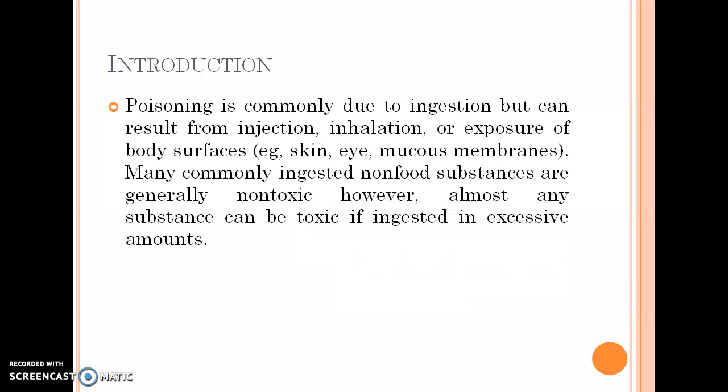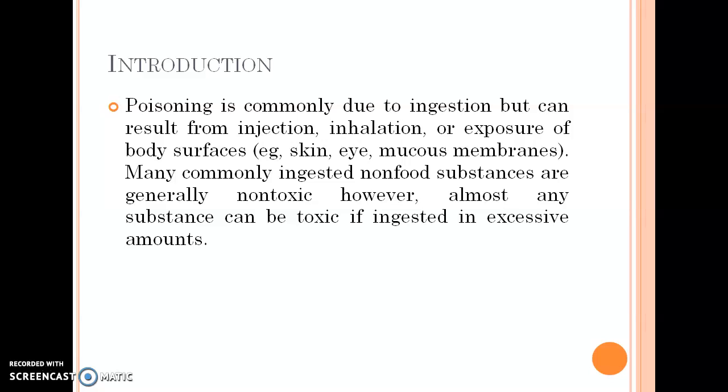Poisoning is commonly due to ingestion, but can result from injection, inhalation, or exposure of body surfaces, for example, skin, eye, mucous membranes. Many commonly ingested non-food substances are generally non-toxic.